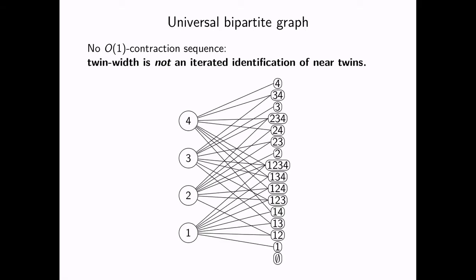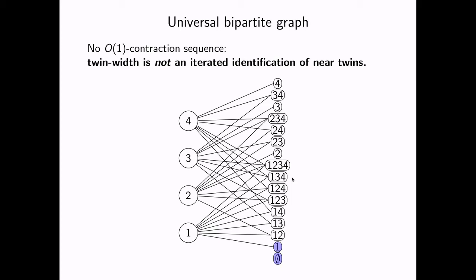So just to be sure, consider this complicated graph. It's the power set graph, and if I make it large enough, it contains all the bipartite graphs as induced subgraphs. So this object is complicated. I don't want it to have bounded twin-width, and it doesn't.